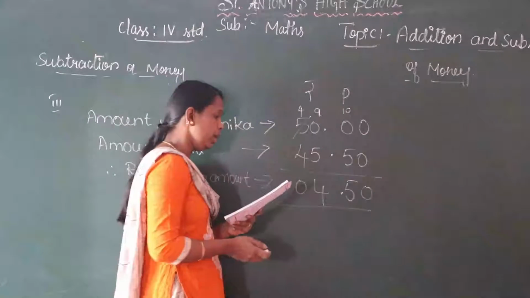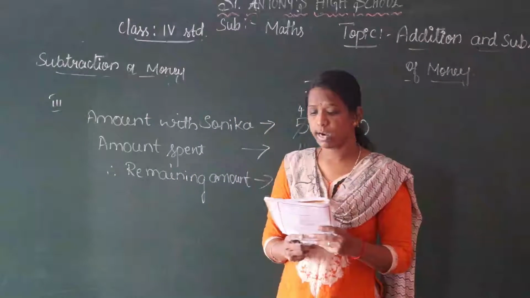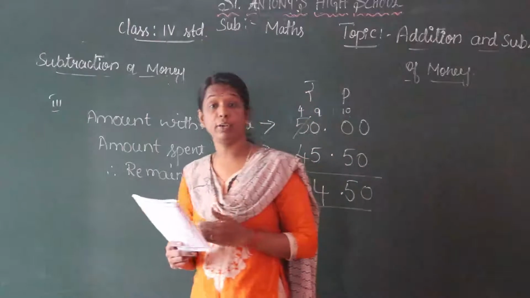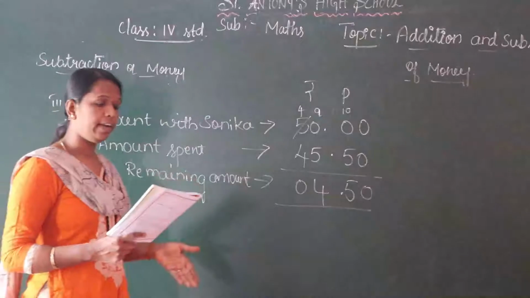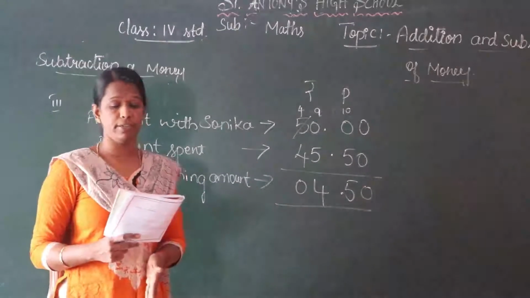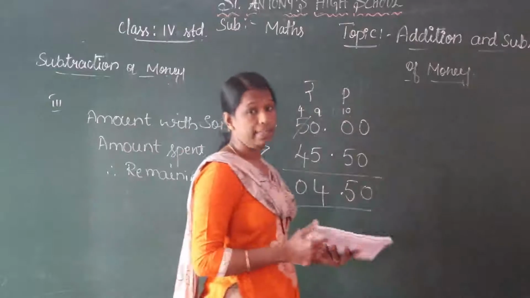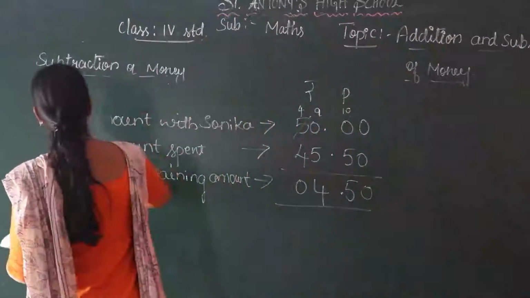Next, Lakshmisha purchased some stamps and postcards for rupees 50 paisa. He gave a rupees 100 note to the person at the post office counter. What is the amount returned to Lakshmisha? So he purchased some stamps.